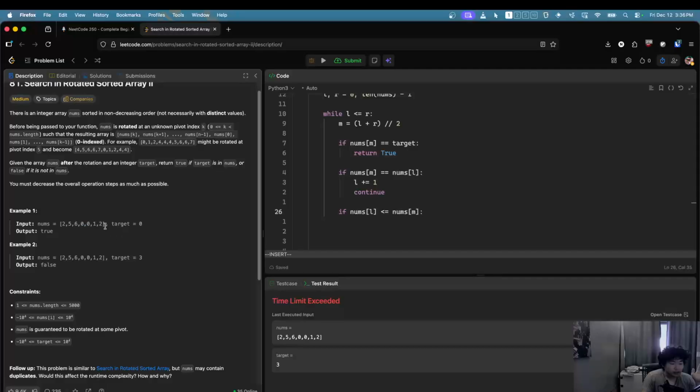Or not necessarily, but on the left side towards the pivot. So we're saying if nums of L is actually bigger, let's say nums is here. So L is less than, so yeah, that means we're on the left side.